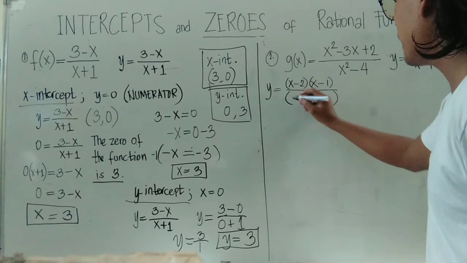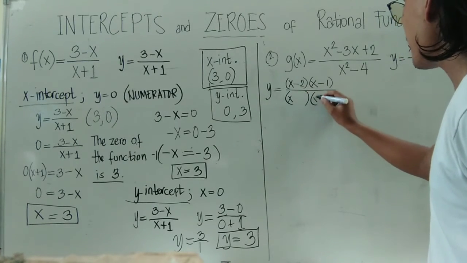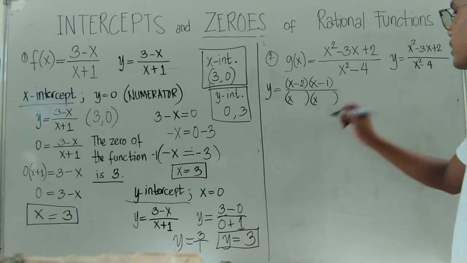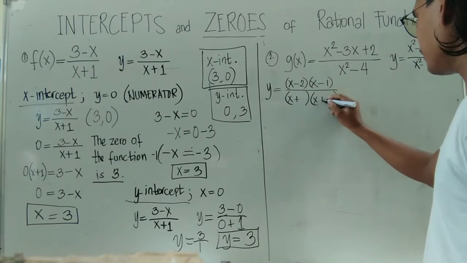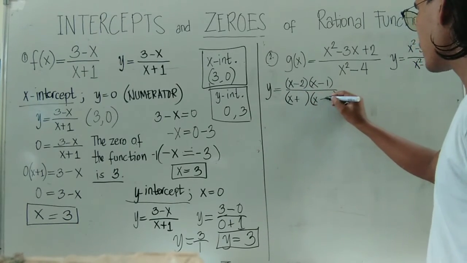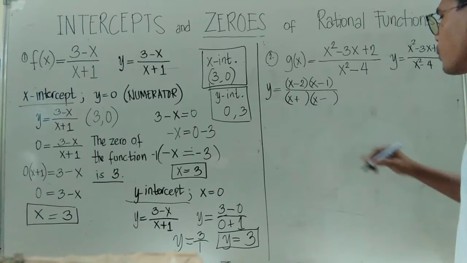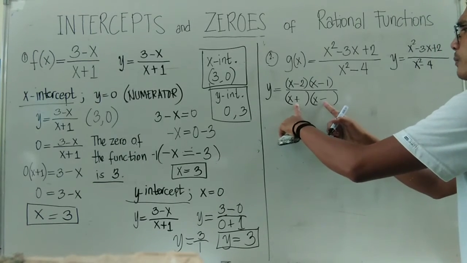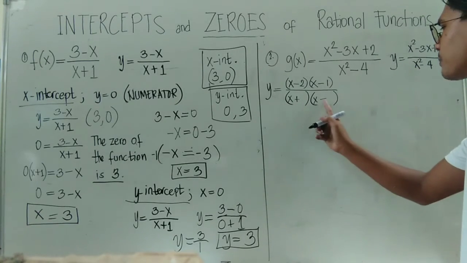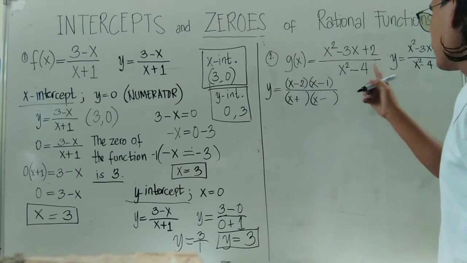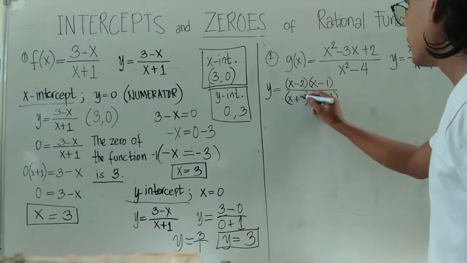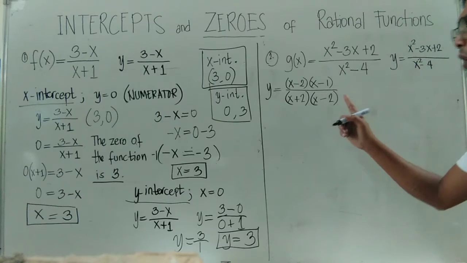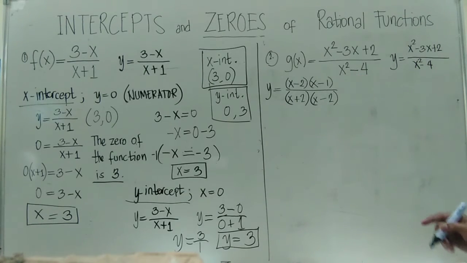So the factors of your denominator are x times x, the first term. Then your difference of 2 squares always follows this form. We have plus minus, or you can put minus and plus in here. Then the factors of 4 are 2 and 2. So positive 2 times negative 2 is negative 4.